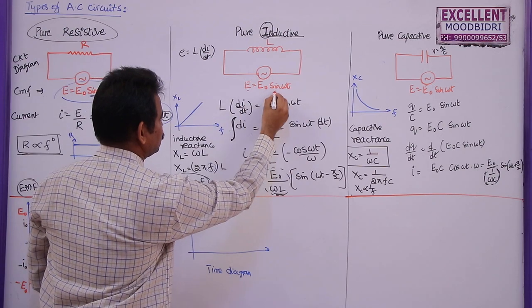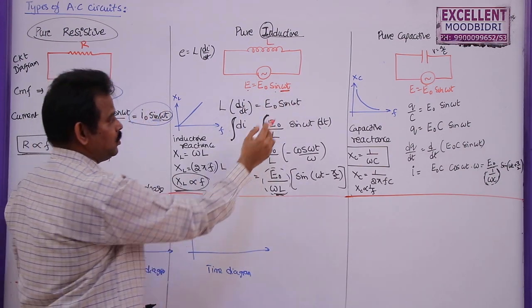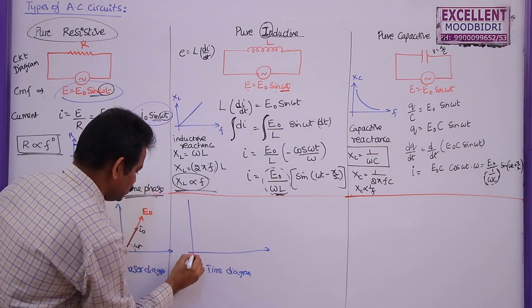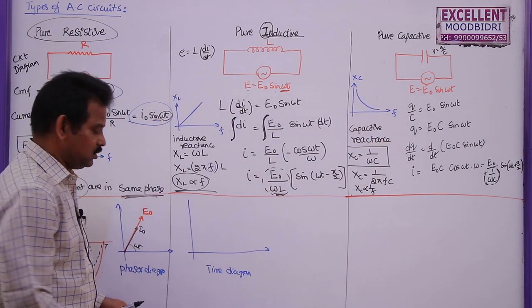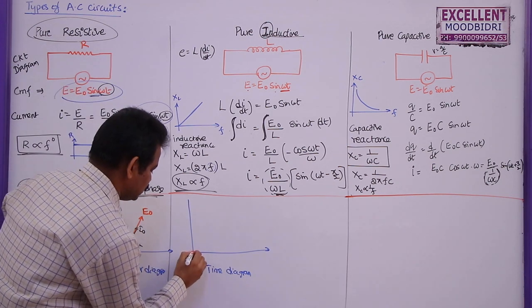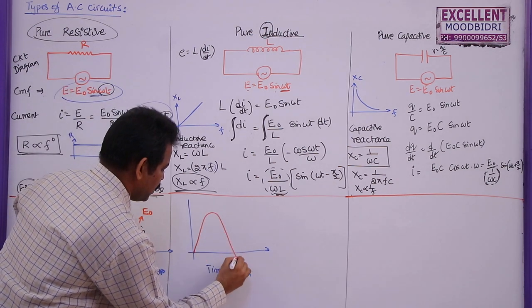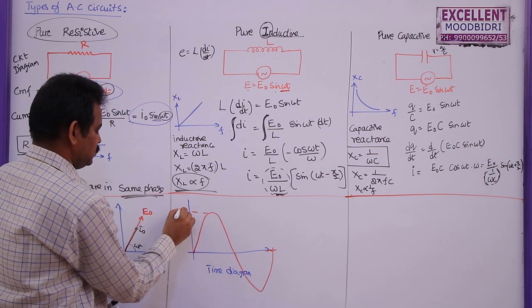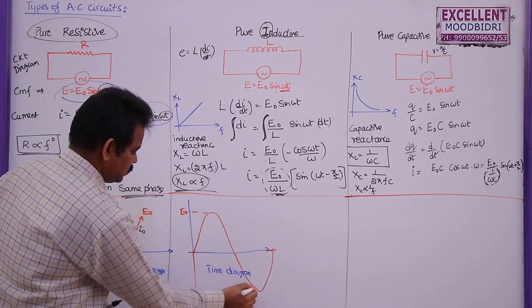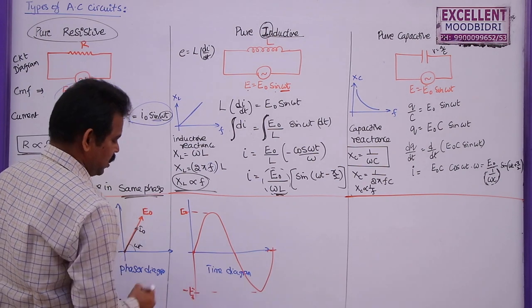Here you can see E is equal to E naught sin omega t. If you substitute t equals 0, this will become 0. So once again, as all these are similar sources, I can draw this curve. So this is the EMF curve like this. This is E naught and this will be minus E naught.